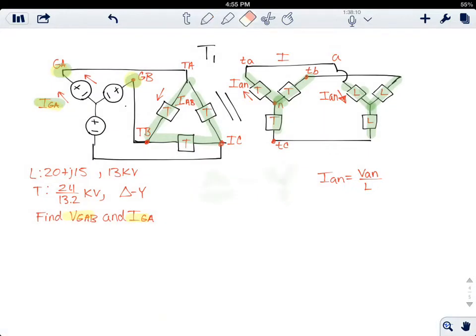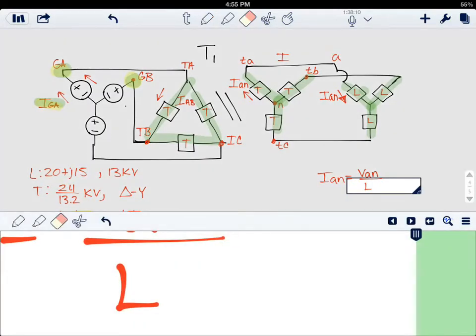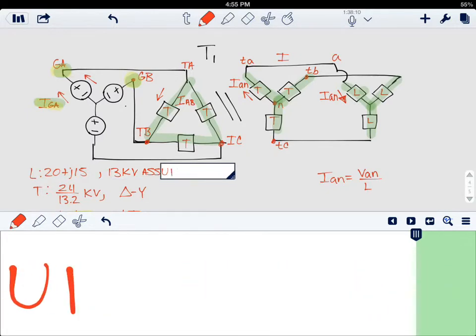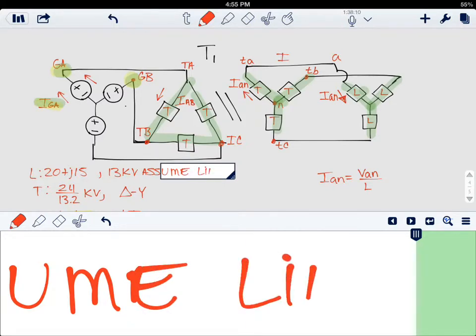We know that when a voltage is not specified, we have to assume that it's a line voltage.